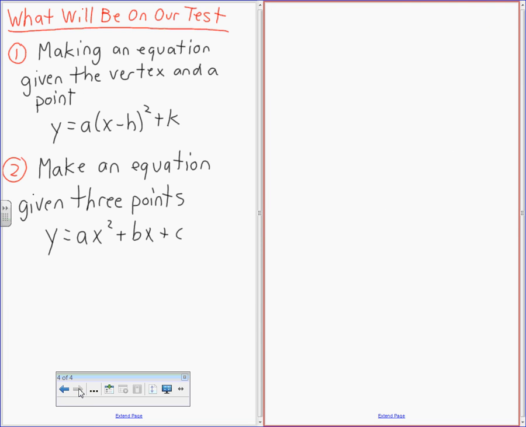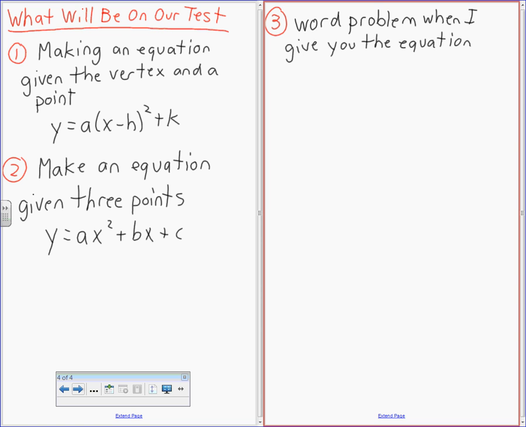Number 3 is like the standard word problem. I'm gonna say word problem where I give you the equation. So you'd be looking for the max height of the ball.